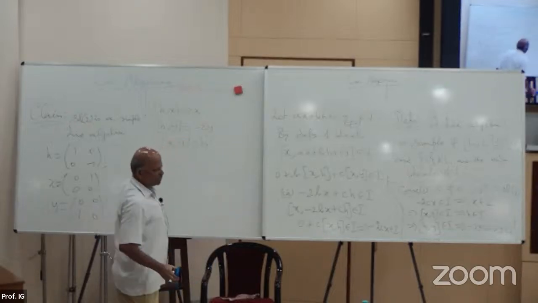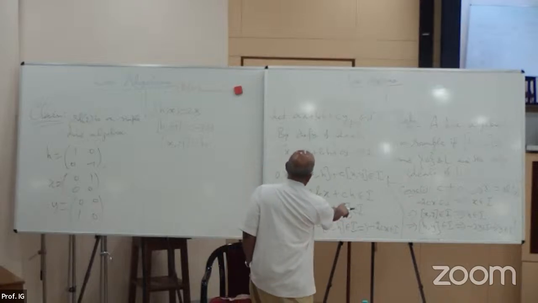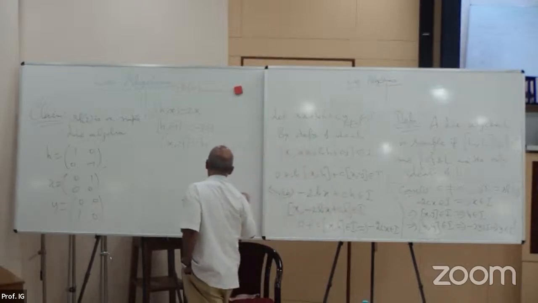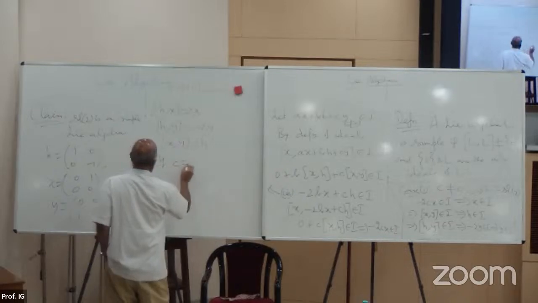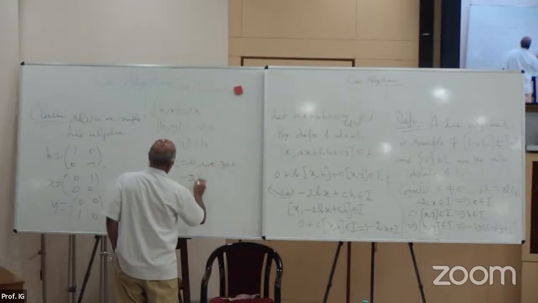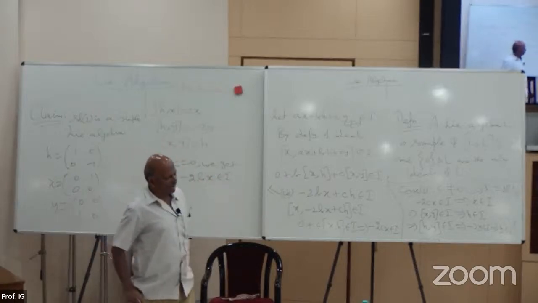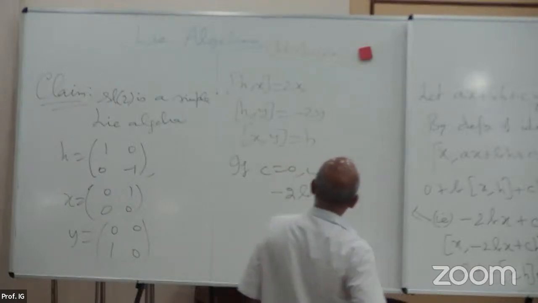We are going to repeat the same argument only. You can see here, if c is 0, we have minus 2bx belongs to I.